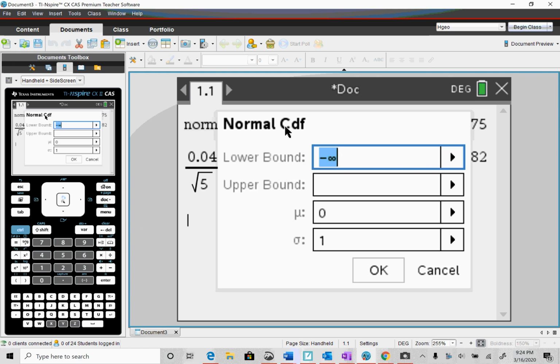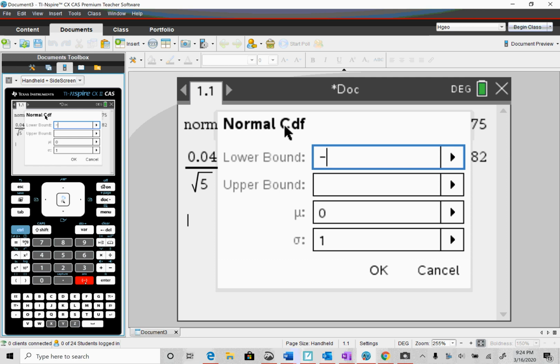So now we're going to put in the negative 1.1173 as the lower, positive 1.1173 as the upper.